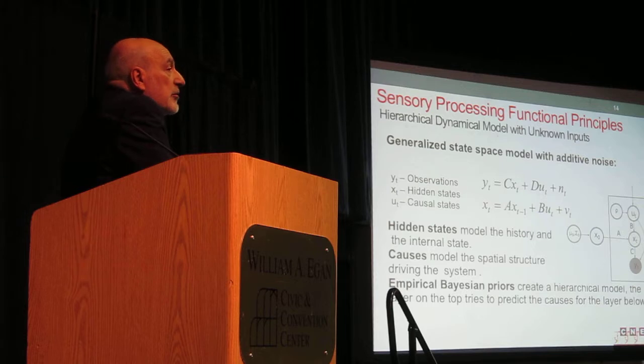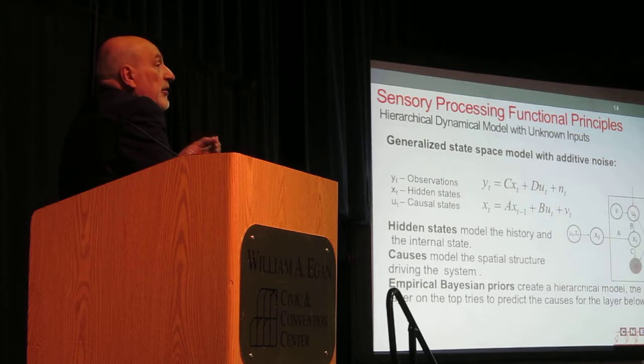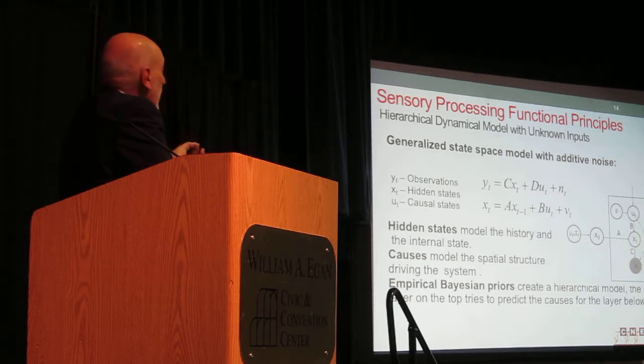I like to think of it as uncertainty, because if I move these two terms to the left of the equation, y of t minus this, if the model is perfect, this noise is going to be 0. That means I was able to capture in the matrices C and D and in the variables x and u exactly what is in the input.